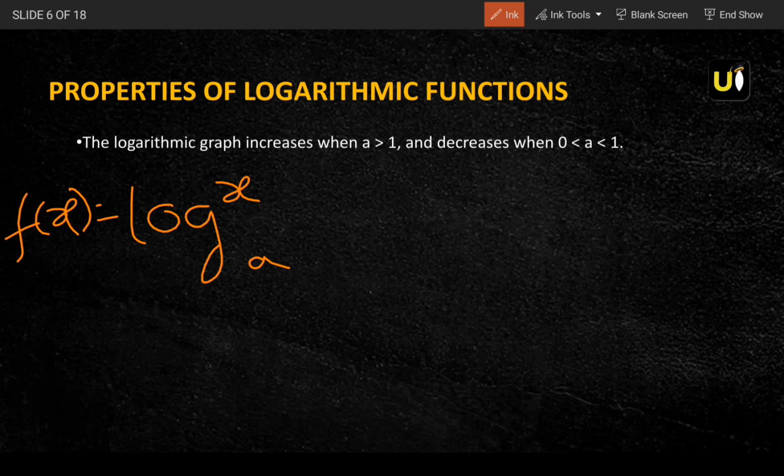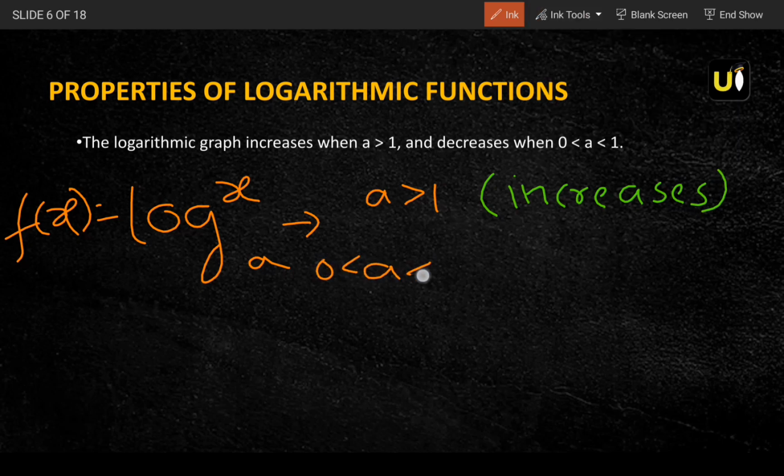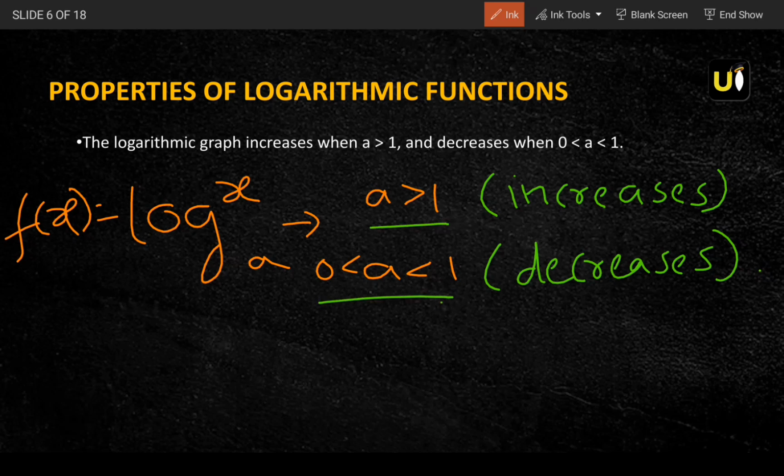If a is greater than 1, the function increases, and if a is between 0 and 1, then the function decreases. These are the two properties of this logarithmic function.